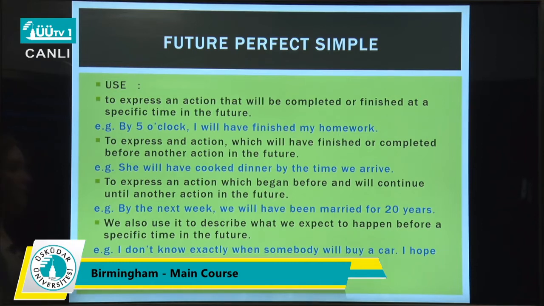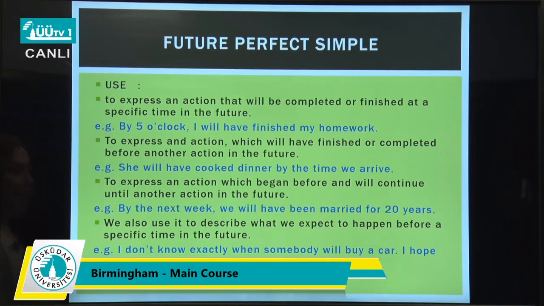So, which one of these actions happened sooner? Cooking or arriving? Of course, cooking. So, we use will have cooked, and the other one depends on our tense of the sentence. What else? Another way to use it, actually they are really close to each other, and you know that the essence of its being perfect makes it being used like this.